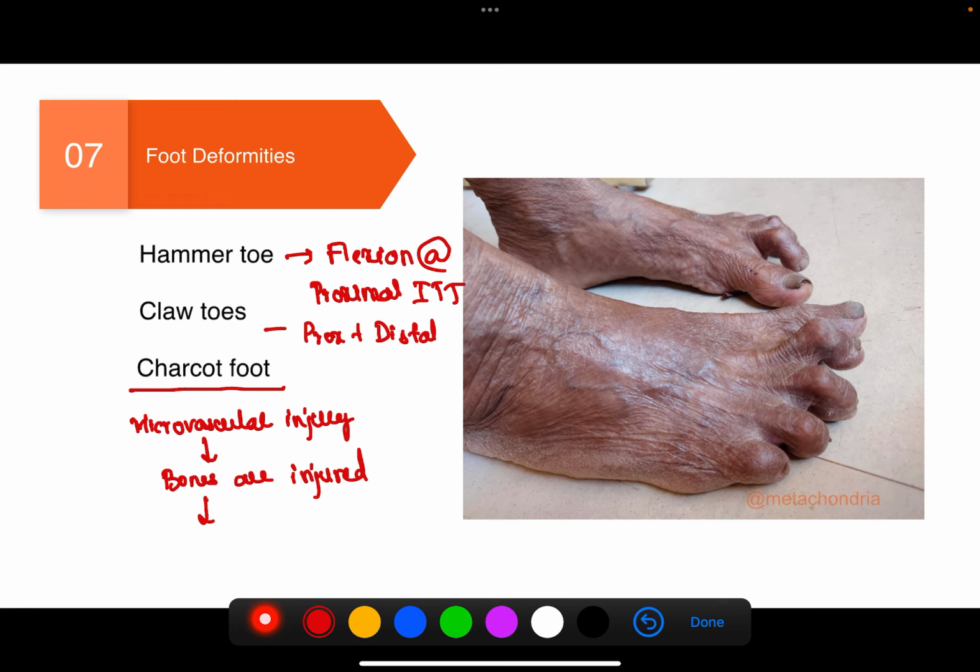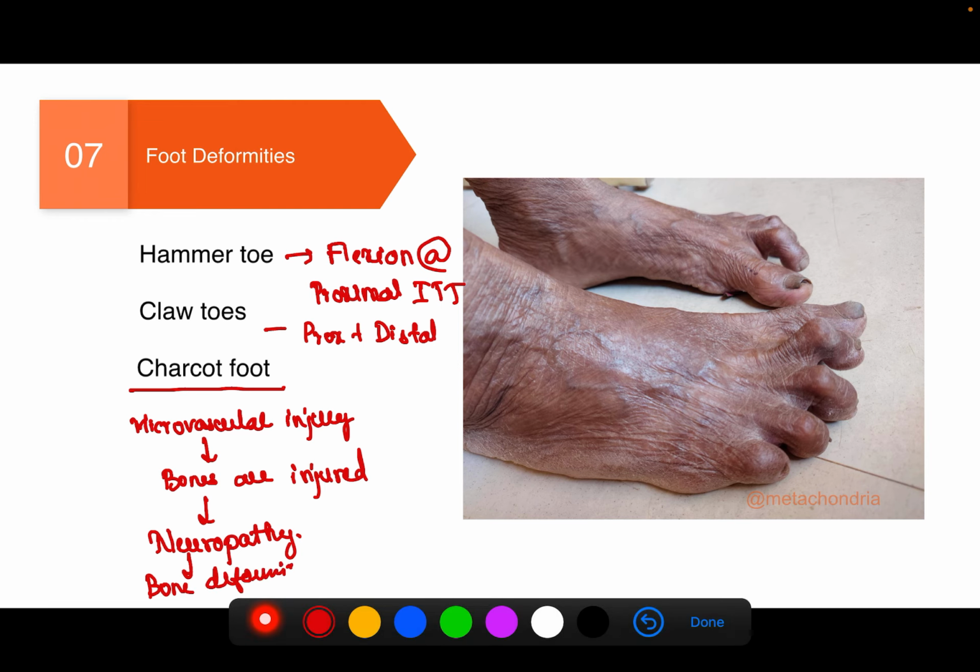Now the bones are injured, but in addition to this, there is also neuropathy in the patient. Because of the neuropathy, the body is unable to understand that the bones are injured. So the patient continues to walk on the injured bones. Because of this, there is a final deformity in the bones, which is Charcot's foot.